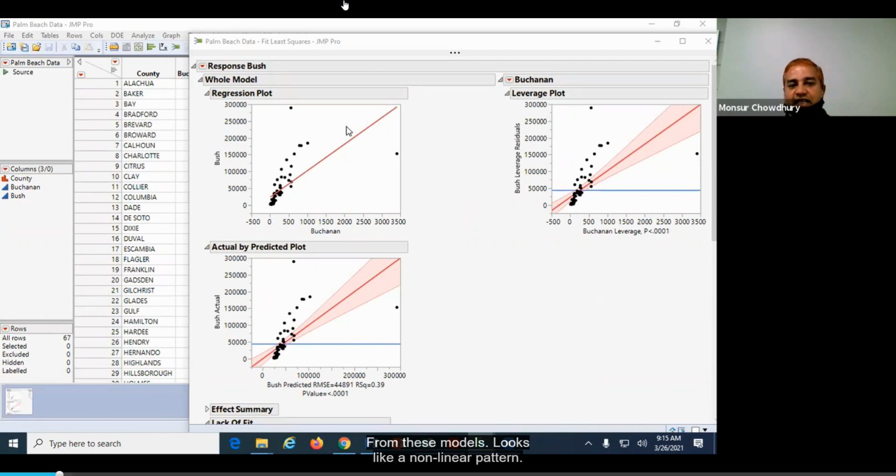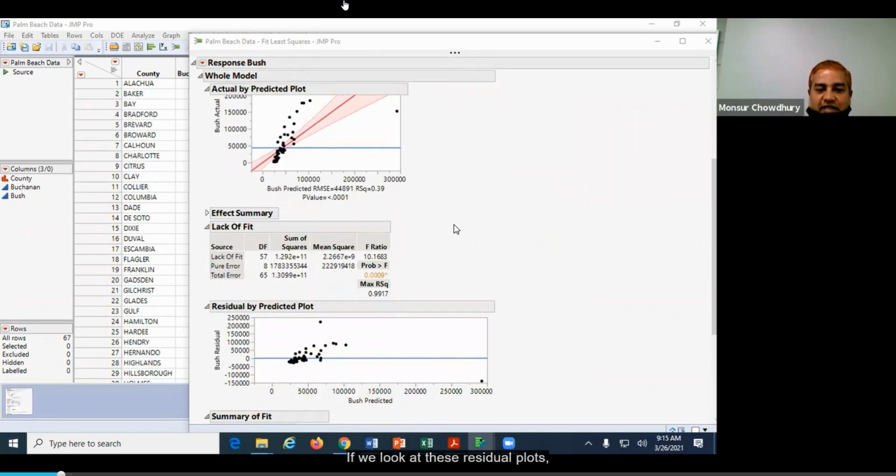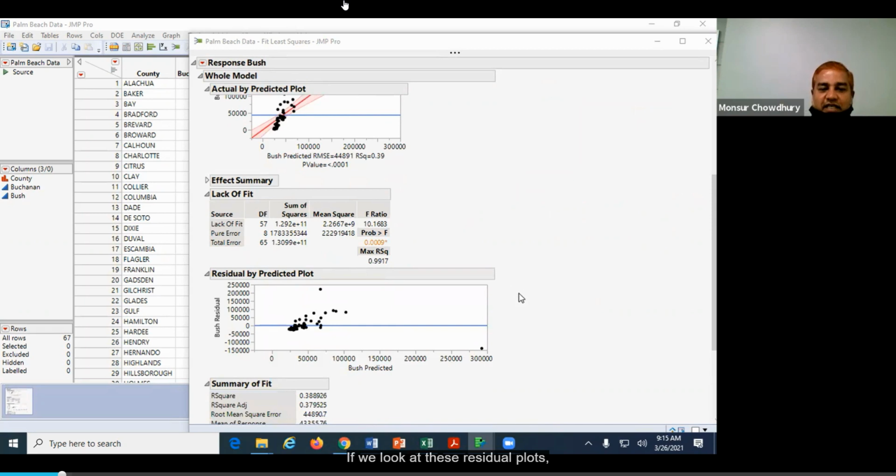So it looks like a non-linear pattern. There are two outliers, Raphael said yes. Now if we look at these residual plots, we can see that there are extreme points in the lower end here, one upper end here, and we have small values of residual for the smaller values of x, but for the larger values of x, the residuals are getting larger.